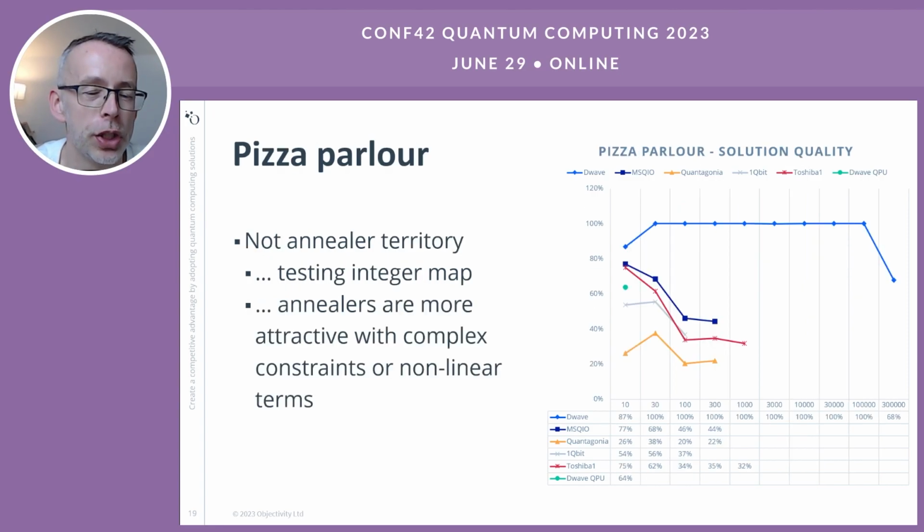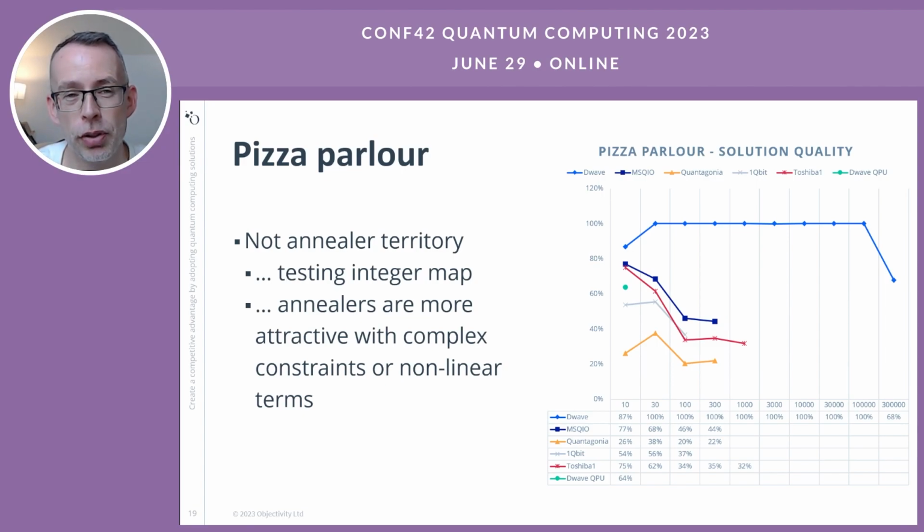And the last problem that we checked, pizza parlour, linear programming, pretty vanilla. Not natural annealer territory, but for the purpose of this benchmark, we don't mind. Gurobi blows all of them out of the water on this problem, because linear programming problems you can solve algorithmically, and that is what Gurobi excels at.